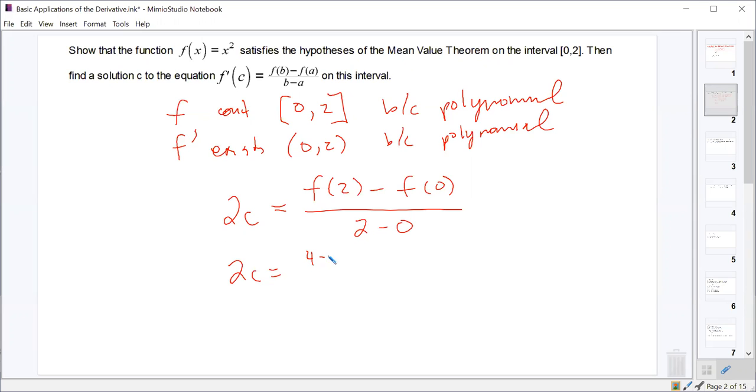So we've got 4 minus 0 over 2. 2c is 2, or c is 1. So the place on that interval where the average rate of change is equal to the instantaneous rate of change is at x equals 1, or c equals 1. Easy enough?